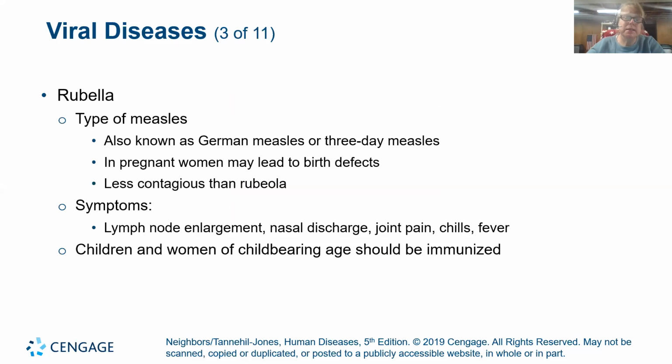Okay. The second type of viral disease is rubella. Okay, and it's another type of measles. It's a little bit more serious. It is known as the German measles or the 3-day measles. When I was a young person in college and I couldn't figure out the difference between rubeola and rubella, I had a professor who taught us that Ella is the German exchange student who caught rubella.